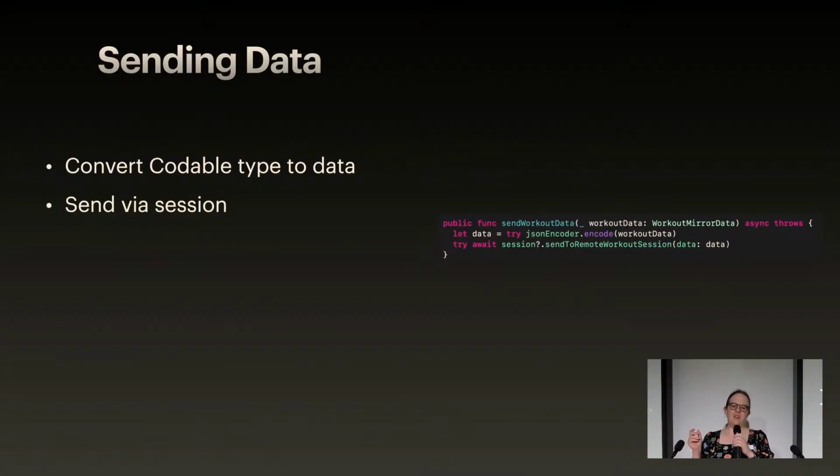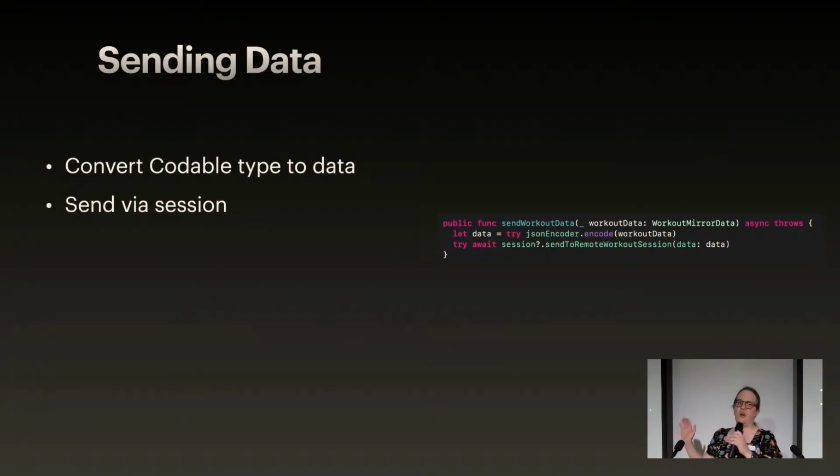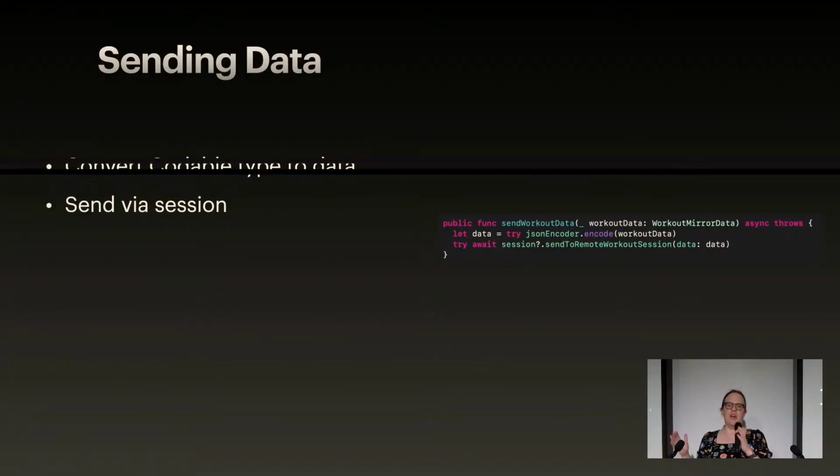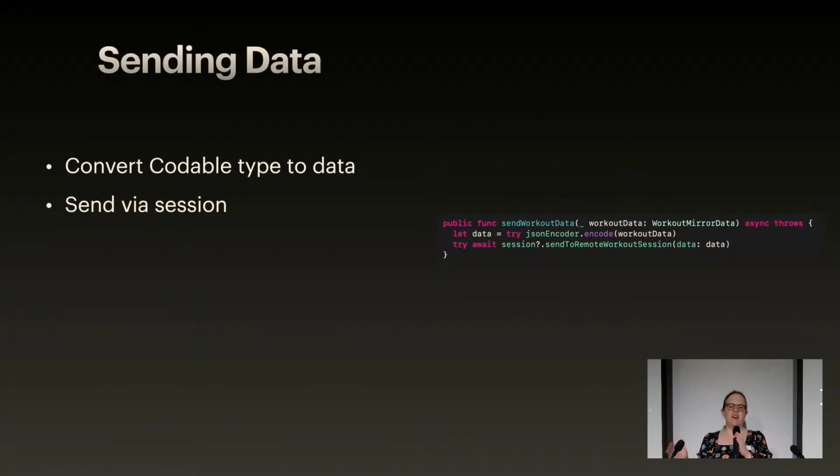And because the value type is going to be codable, which is best practice, you then do JSON or some other form of encoding down to data, and you send along that data via the session. This can happen on either end, so either of the two devices can send data to the other. It is the same behavior.